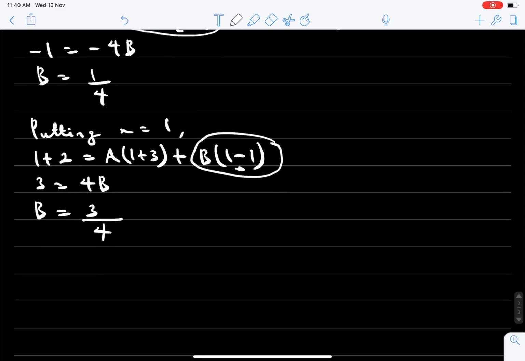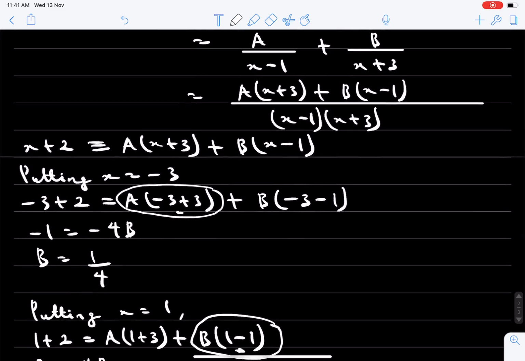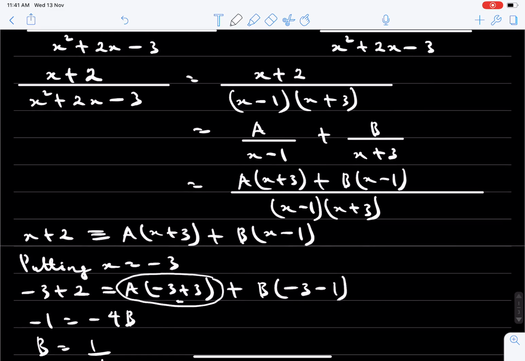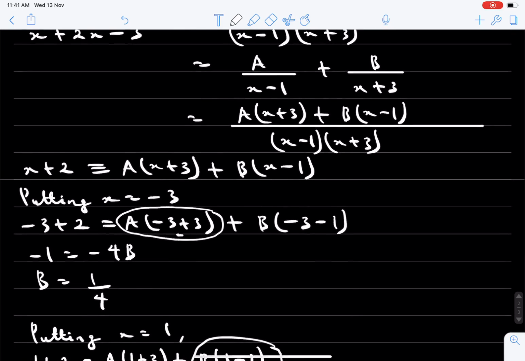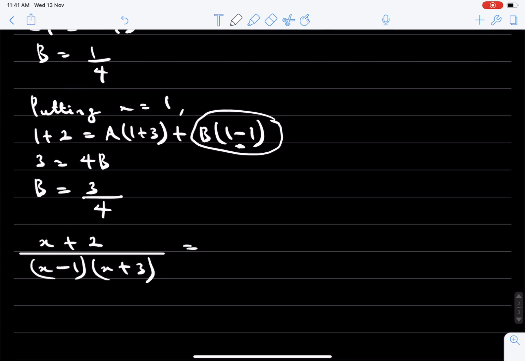So, therefore, the fraction x plus 2 divided by x minus 1 times x plus 3 splits into a over x minus 1 plus b over x plus 3.